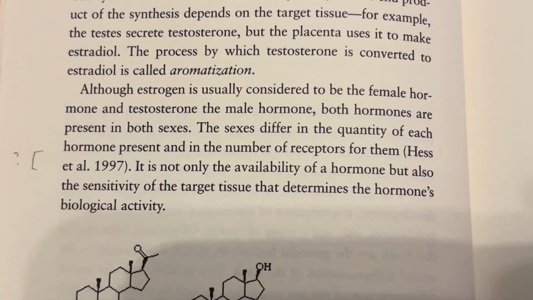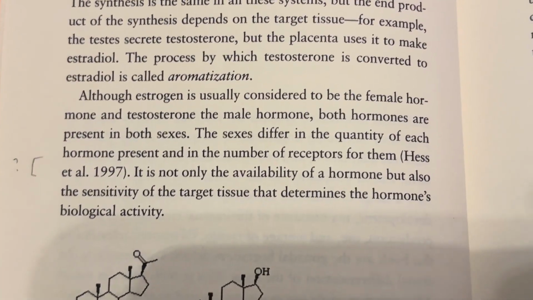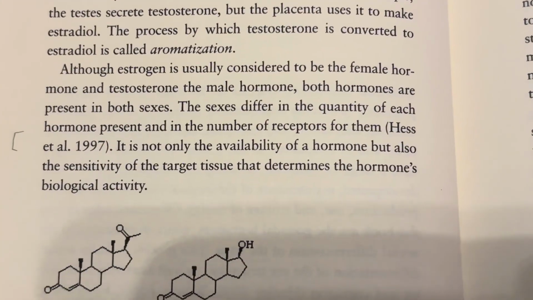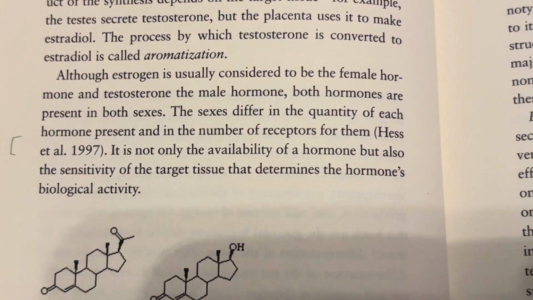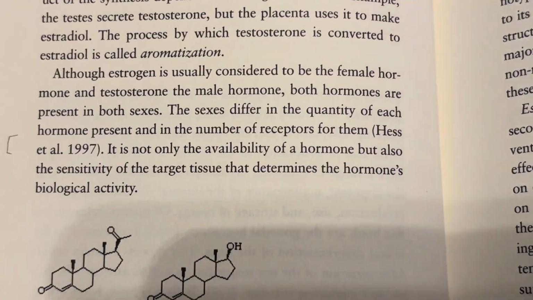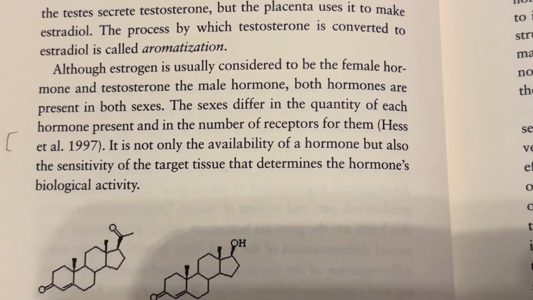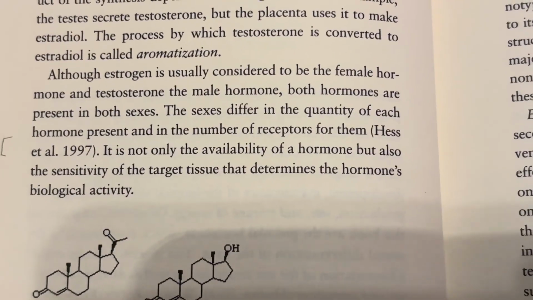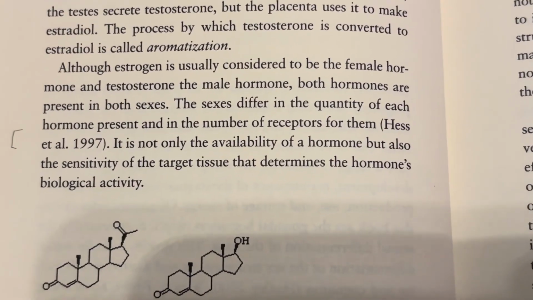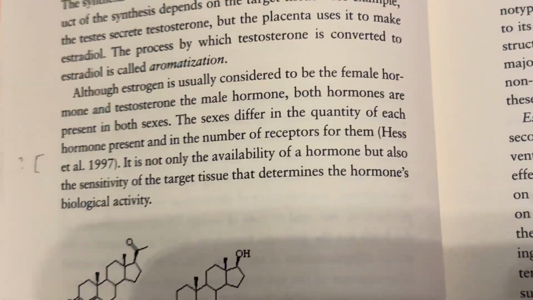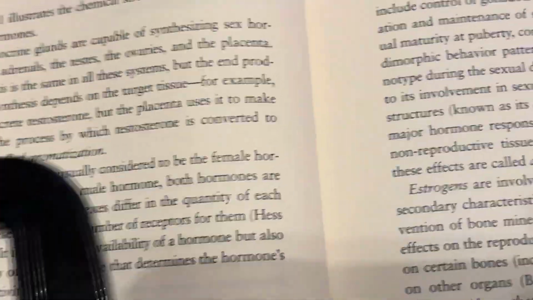Although estrogen is usually considered to be the female hormone and testosterone the male hormone, both hormones are present in both sexes. The sexes differ in the quantity of each hormone present and in the number of receptors for them. It is not only the availability of a hormone, but also the sensitivity of the target tissue that determines the hormone's biological activity.